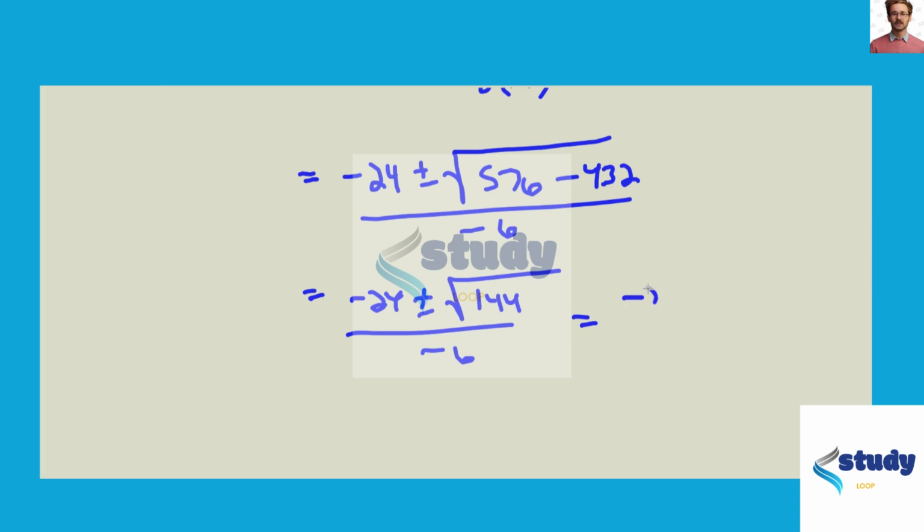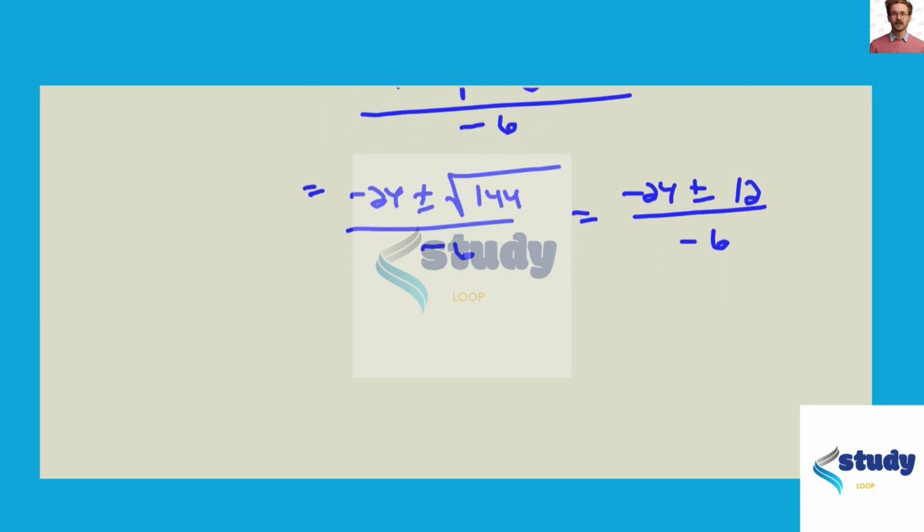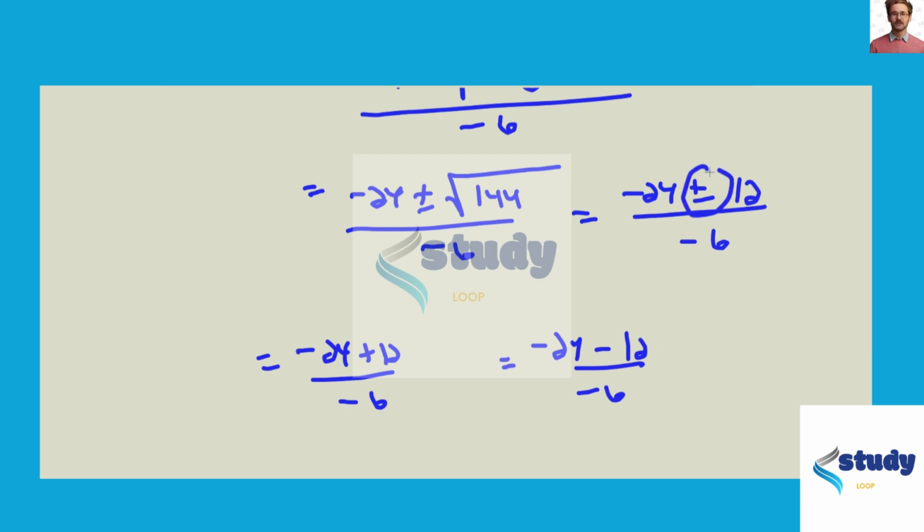So that's negative 24 plus or minus the square root of 144 is 12. So this would be negative 24 plus 12 divided by negative 6 and negative 24 minus 12 over negative 6. You have those two routes.